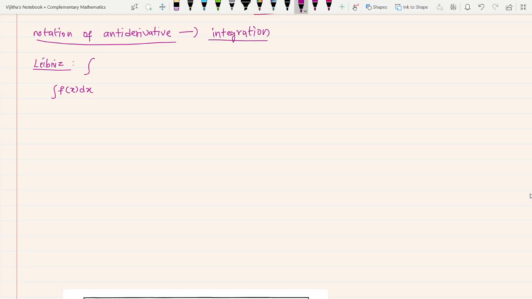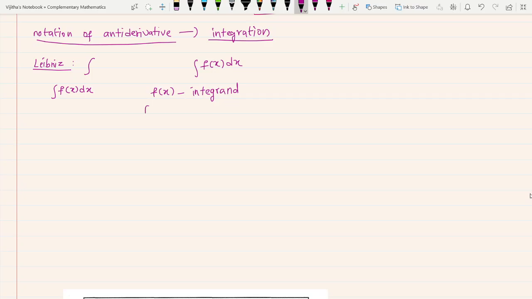Anti-differentiation, that is, finding the antiderivative of a certain function, is called integration. So differentiation and integration. If I write integral f of x dx, then we say that f of x is called the integrand. The function which is to be integrated is called the integrand.